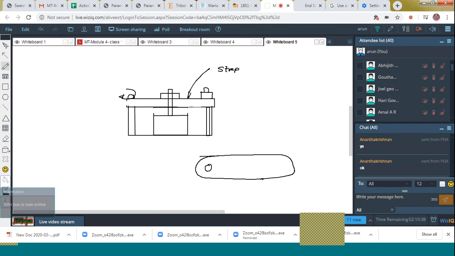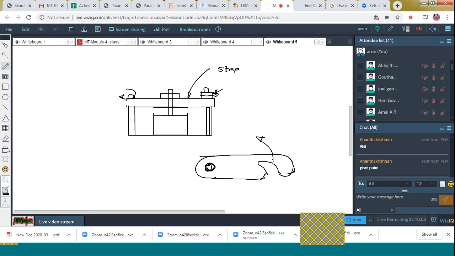And on the other side, there will be a slot like this. So what is the benefit? By means of this slot, it can be inserted, right? And it can be locked by means of this nut. By slightly releasing this nut, you can very easily swing it by using this head nut.